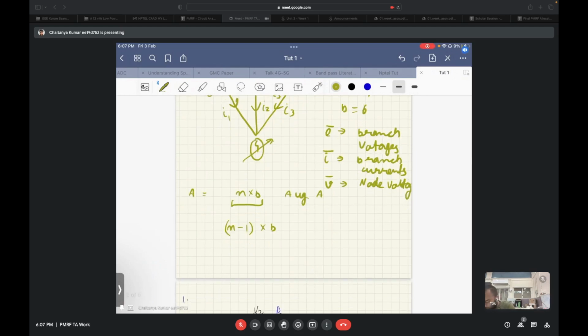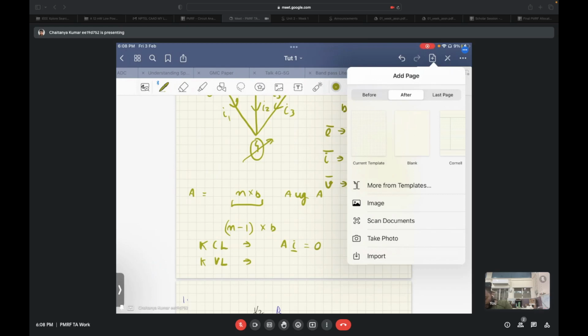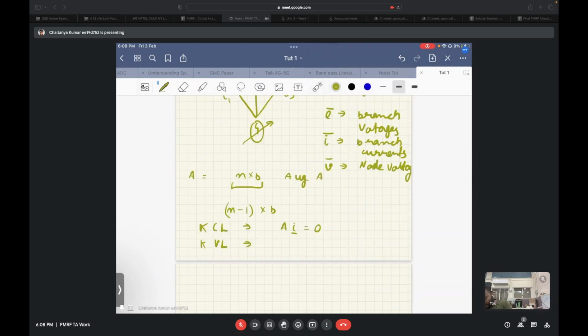In the form of the incidence matrix, we can write KCL as A times I equal to 0. We can write KVL as V times A transpose equal to E. V, considering all the node voltages, will be n minus 1 cross 1.